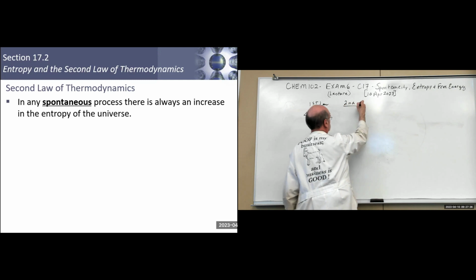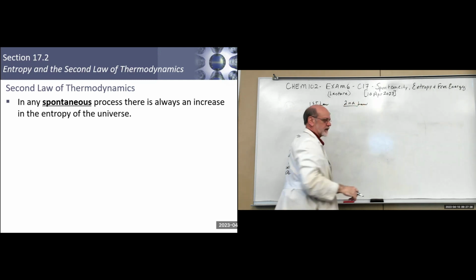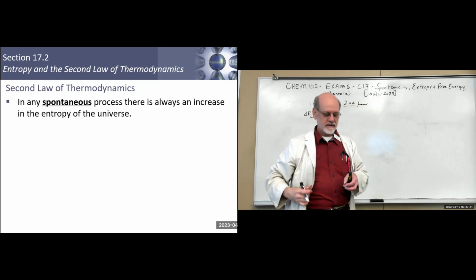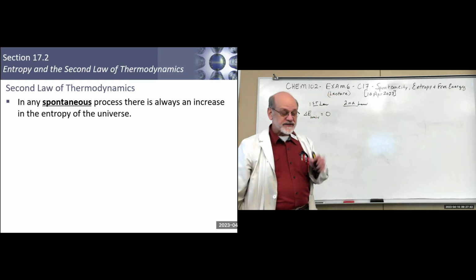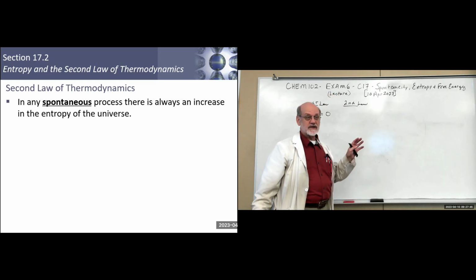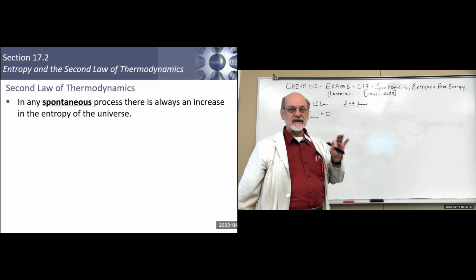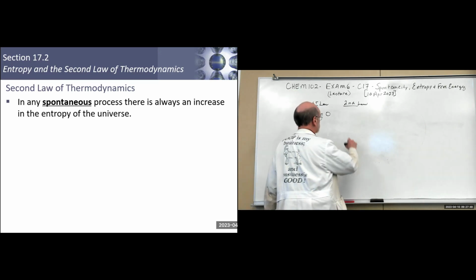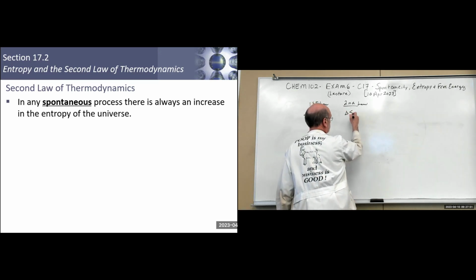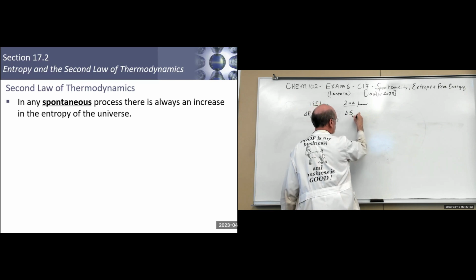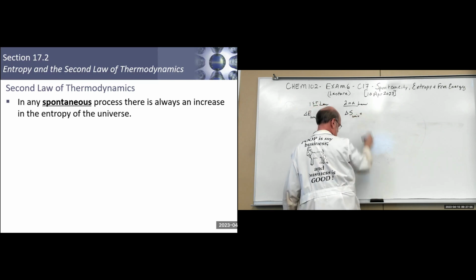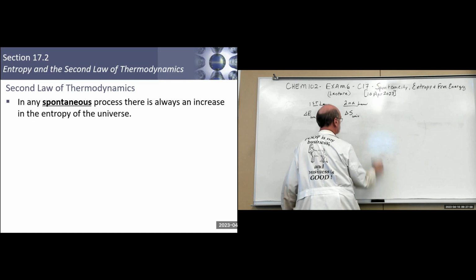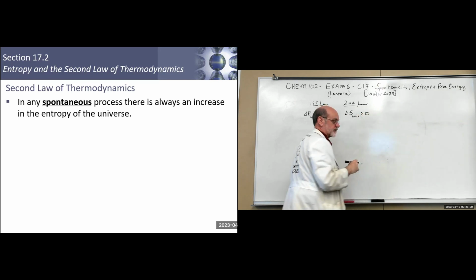And all it says is that in any spontaneous process, there's always an increase in entropy of the universe. So we would write that like I did before. For the whole universe, entropy is always greater than zero.